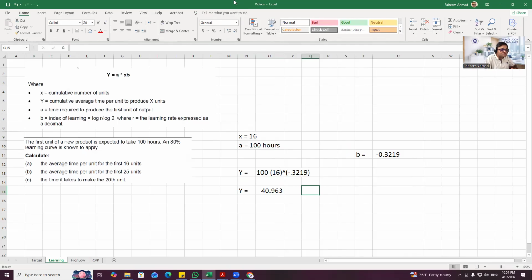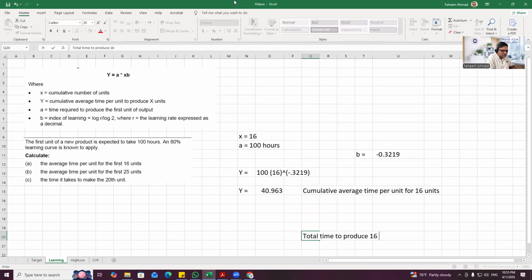X units mean 16 units. So if I want to calculate total time to produce 16 units, then total time to produce 16 units is equal to 16 times 40.963. So it's 655.